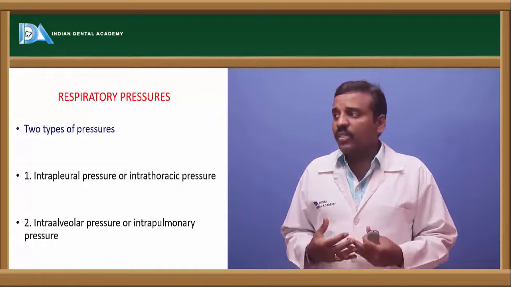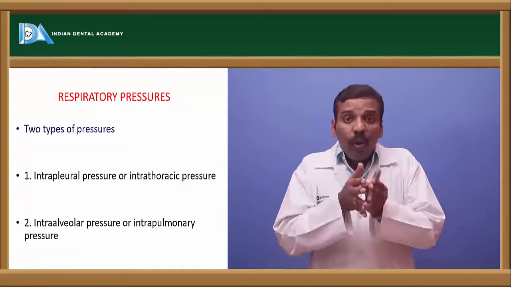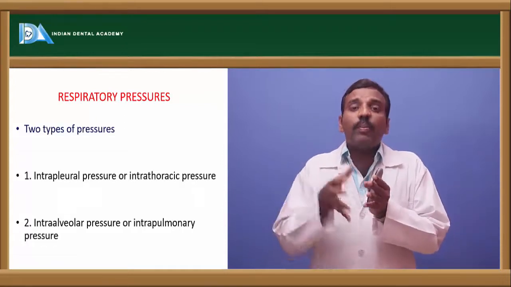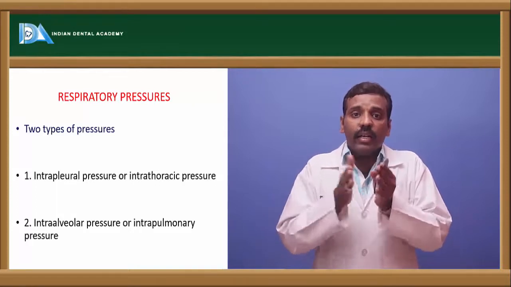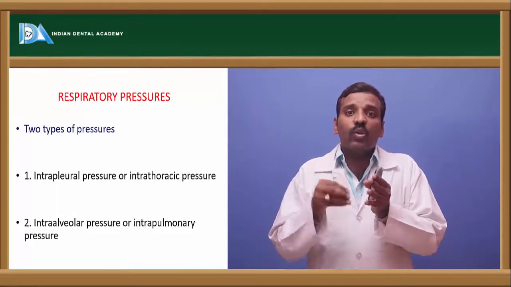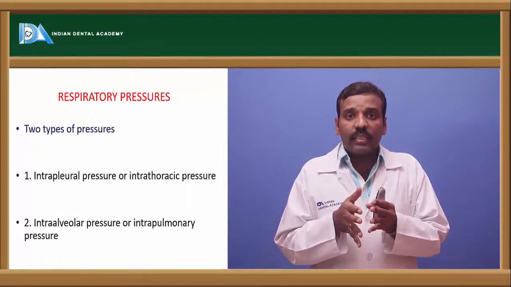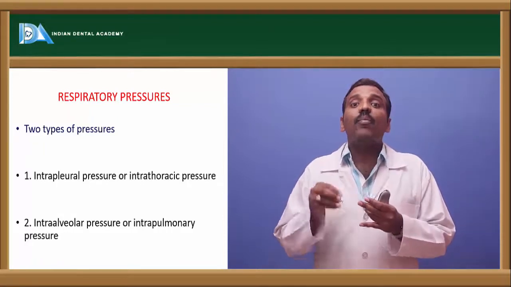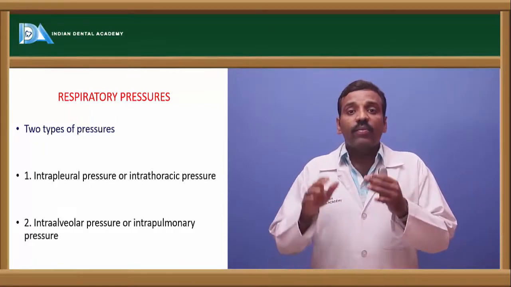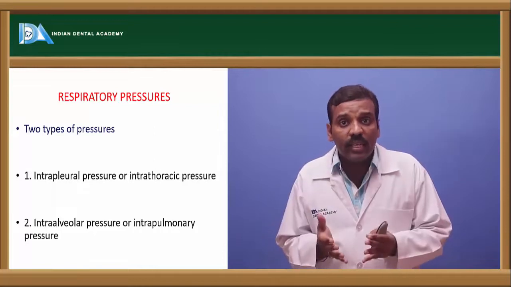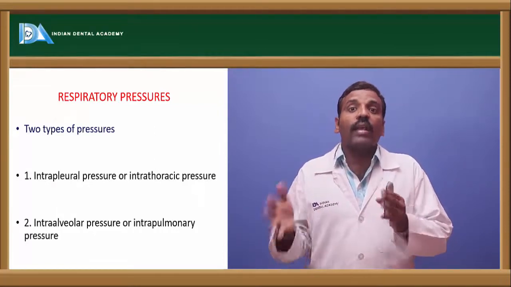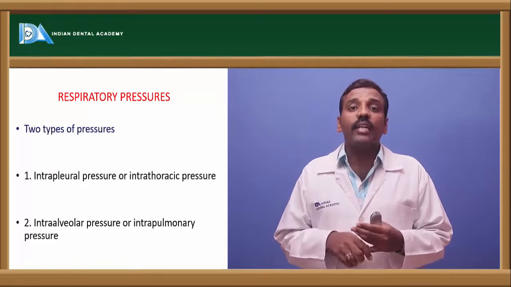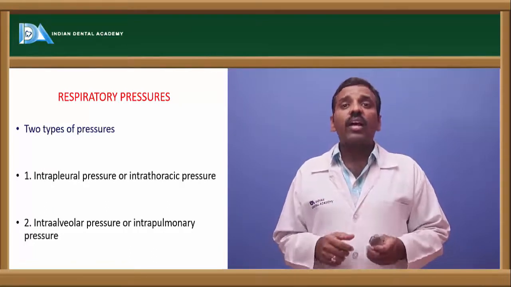Okay, and next, upon the lungs, what pressure occurs? The pressure on the lungs, within the pleura and within the thoracic cage, is called intrapleural pressure or intrathoracic pressure.